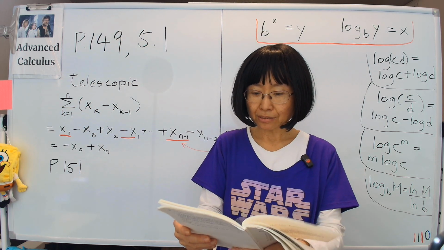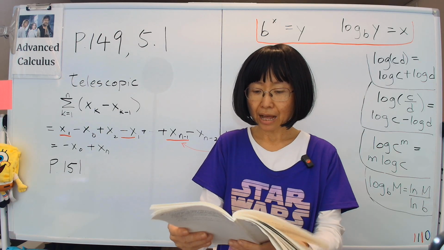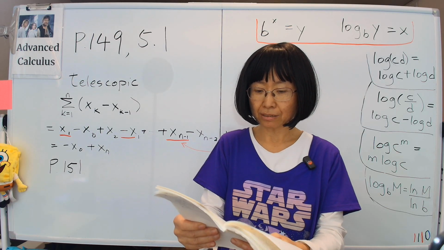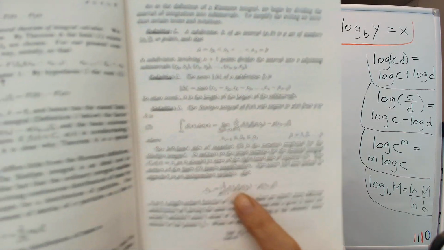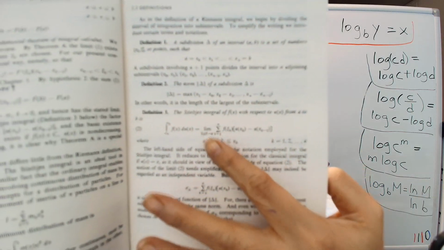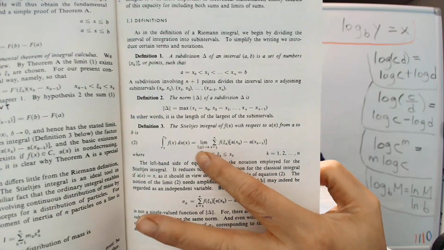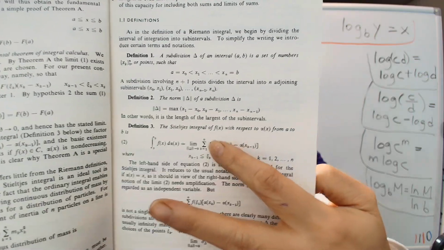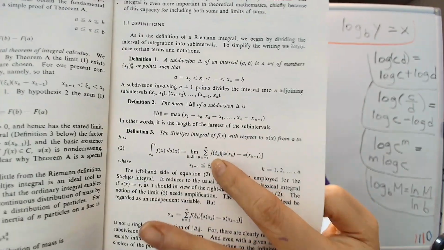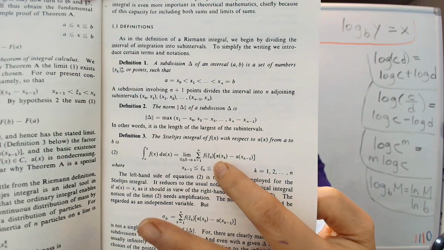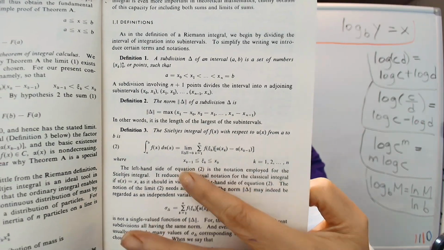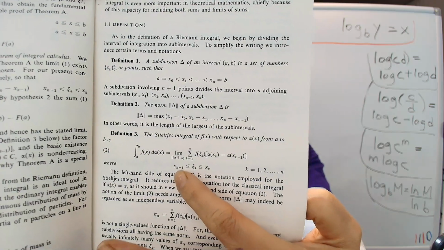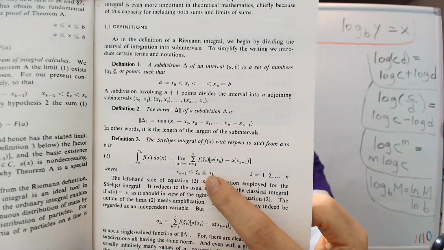The rest of it is also comments on what happens when things are changed, because this limit has a lot riding on it. That is, not just delta going to 0; n has to go to infinity, and then for the points inside each interval, you could be picking any old thing, anything between xk minus 1 and xk.